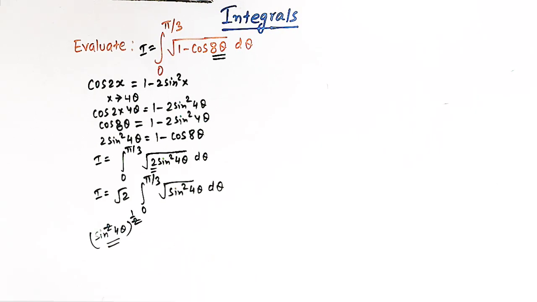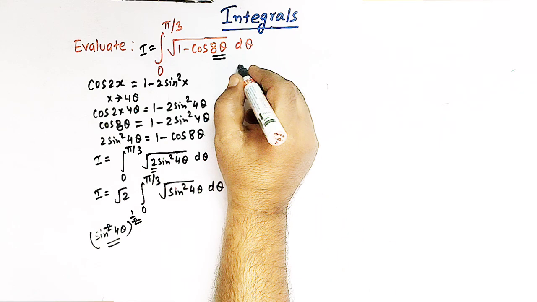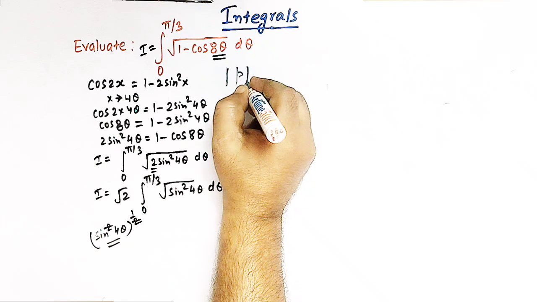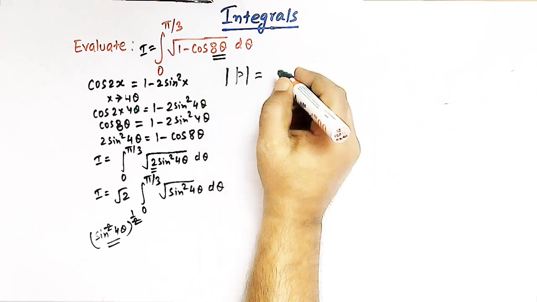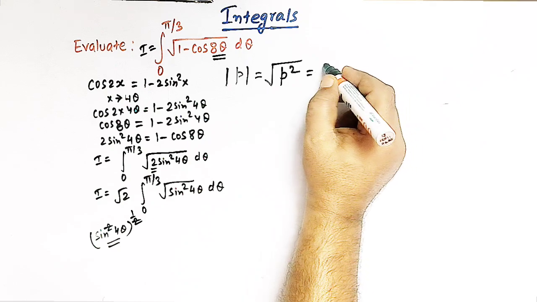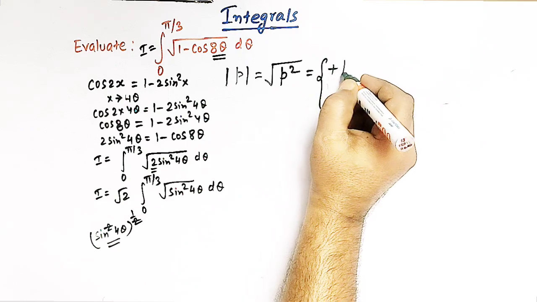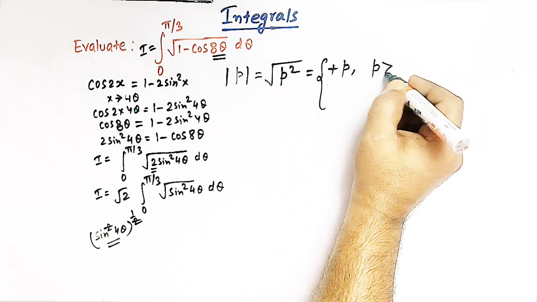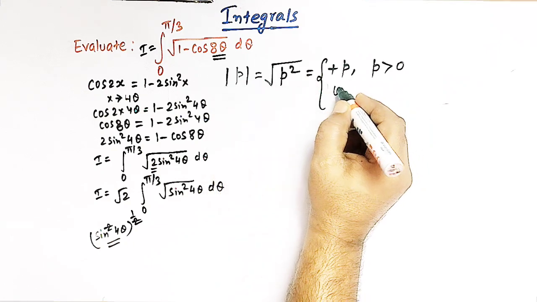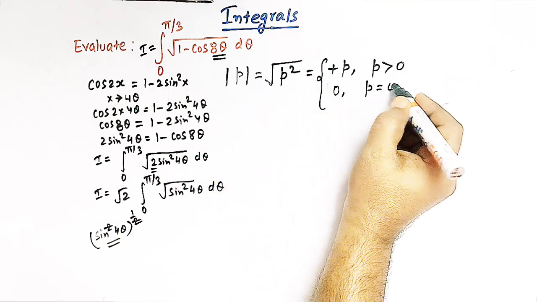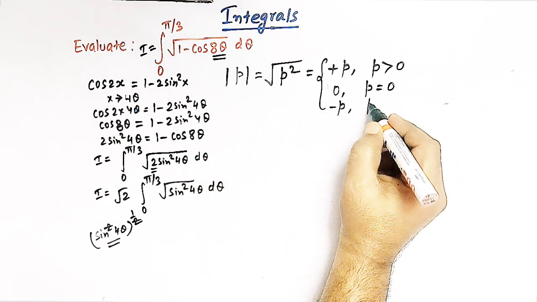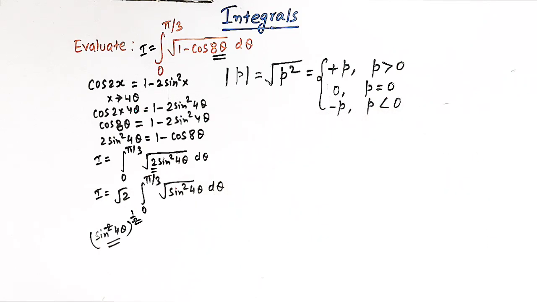So now let us see the definition of mod function. Mod of p is defined as square root of p square, and this is equal to a positive p whenever p is greater than 0, mod of p is 0 whenever p is equal to 0, and mod of p is negative p whenever p is less than 0.